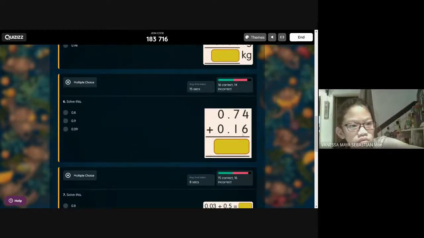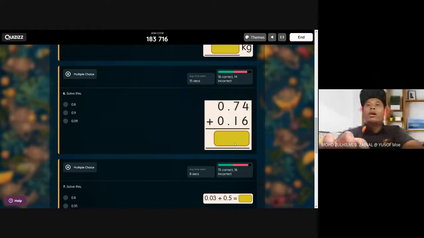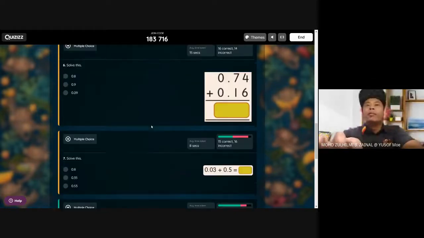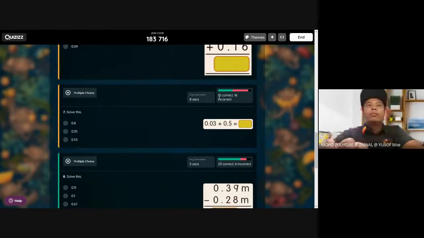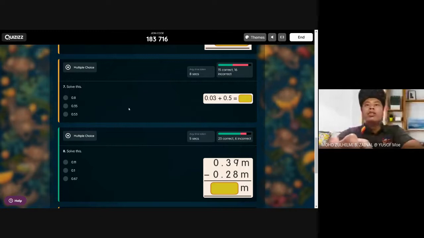Okay, yang ni 4 plus 6 10, bring down 0, naikkan atas 1, 1 plus 7 equals to apa dia? 0.9. This one pun 16 are incorrect. Susah ke? 0.03 plus 0.50. Jangan silap. So the answer is not 0.8. The answer should be 0.53.